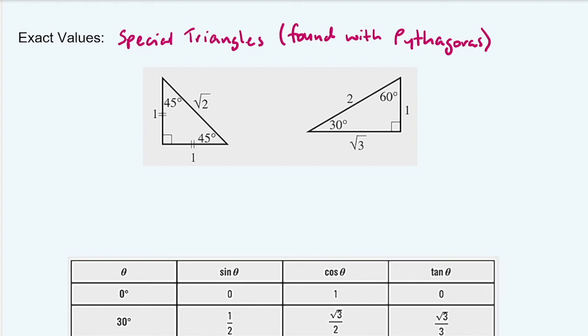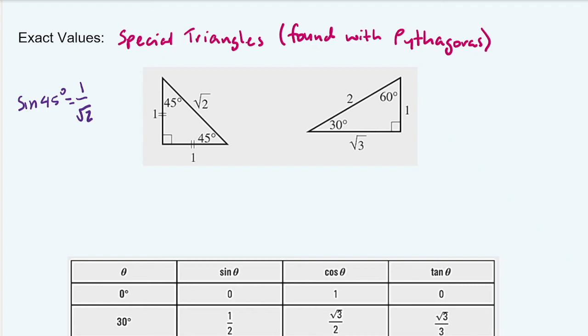And I'm just going to pop in a couple of examples. So if I wanted, say, sine of 45 in our special triangle, well, it doesn't matter which way around, it's going to be 1 over the square root of 2. Or it could even be square root of 2 over 2.